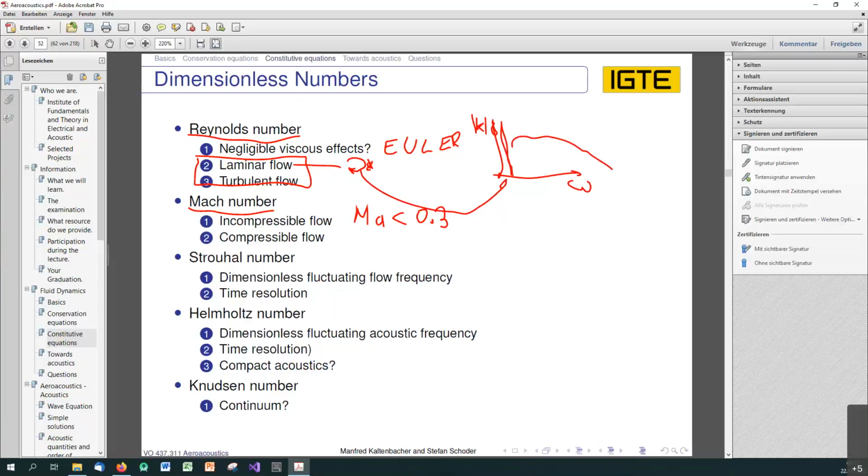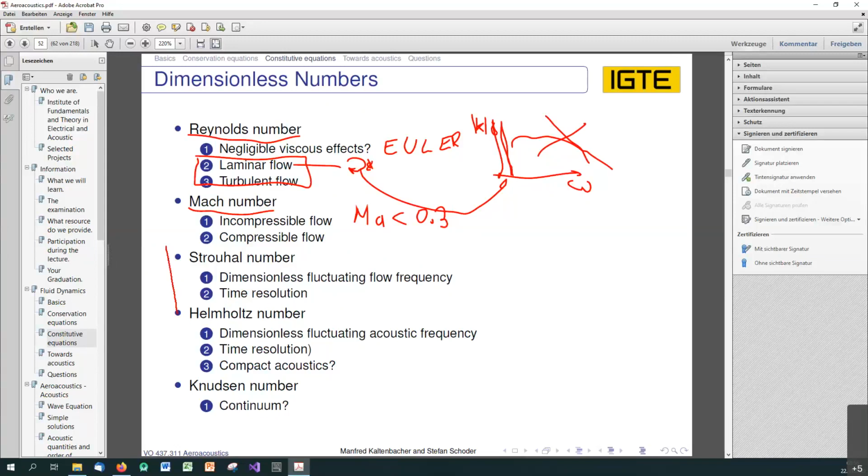We do not resolve the broadband turbulence by laminar flow, but with a turbulent flow model we either model the turbulent broadband behavior or resolve it directly. But resolving directly is kind of hell, a big computational burden.